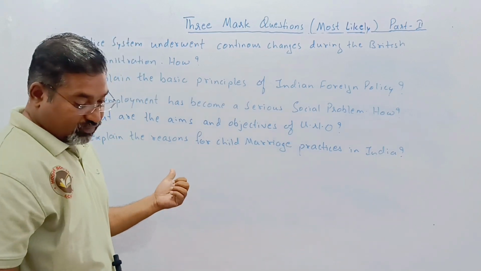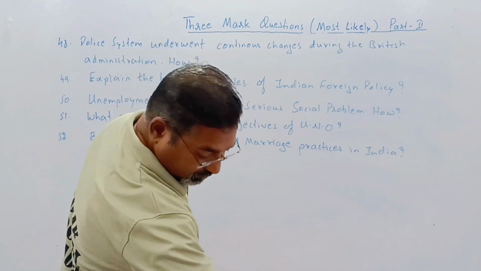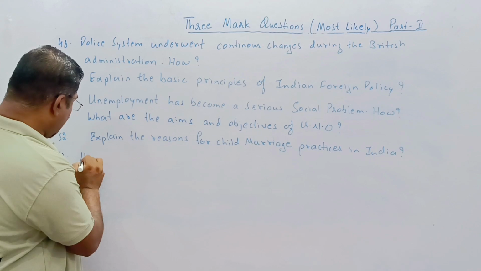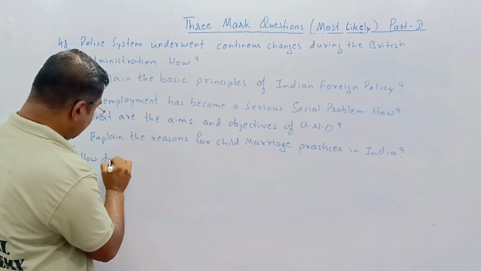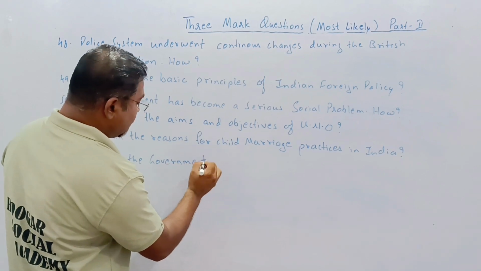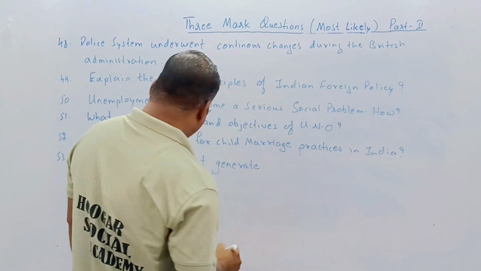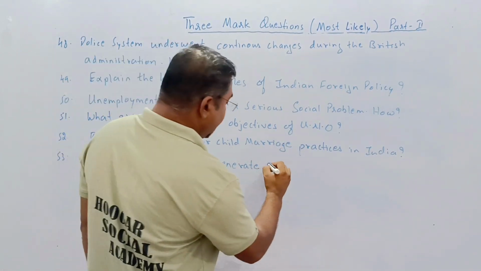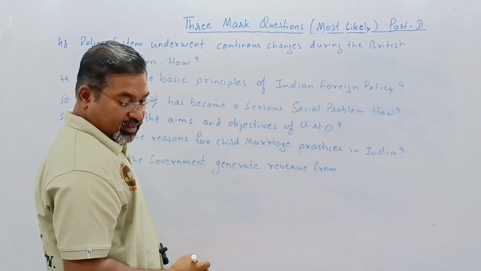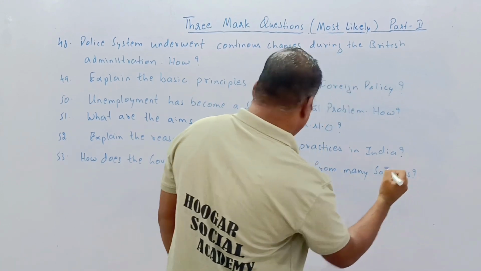And the 53rd question: how does the government generate revenue from many sources?